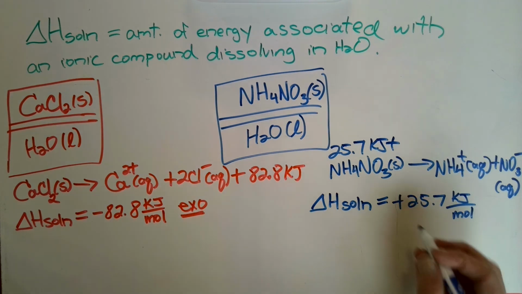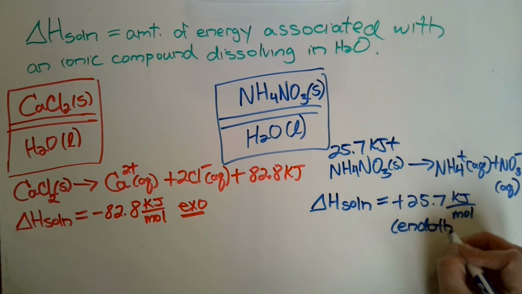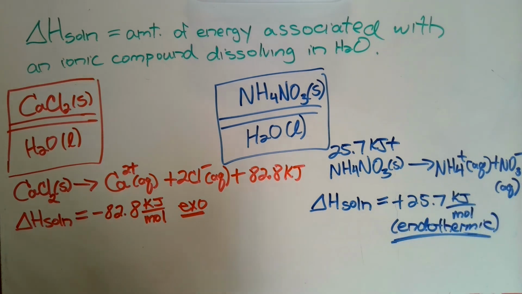So in this case, it's endothermic. The actual dissolving of ammonium nitrate requires heat, and it takes it from the surroundings, so the temperature of that water drops. So that's the difference between a hot pack and a cold pack.